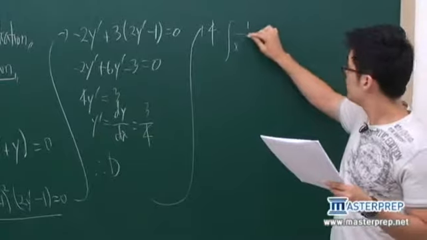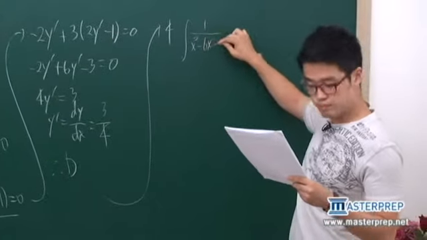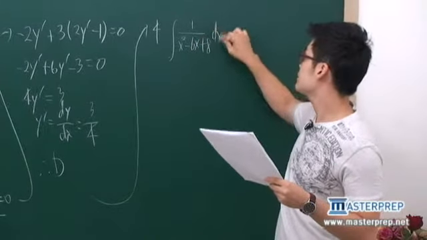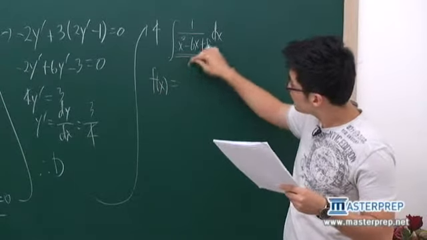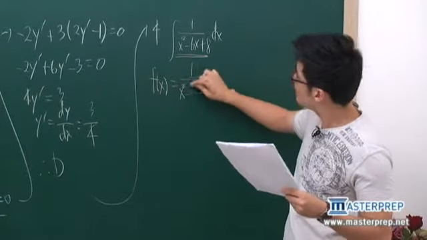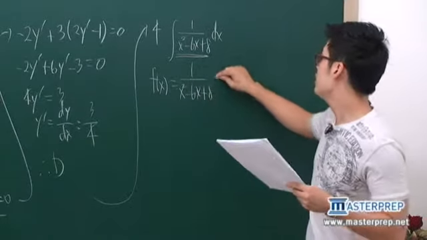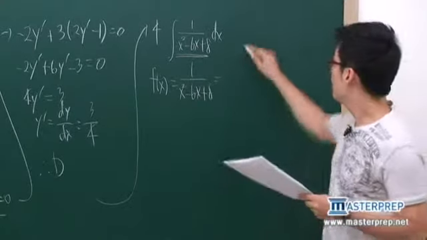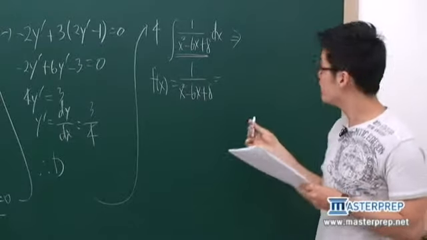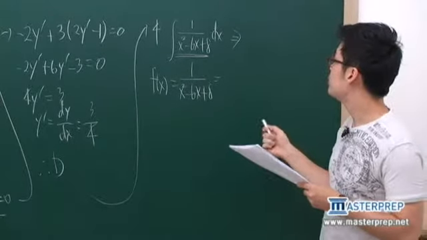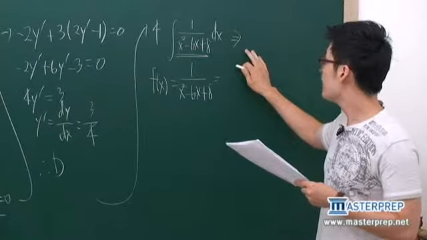The integral of 1 over x squared minus 6x plus 8 dx. And as soon as you see this, f of x is equal to 1 over x squared minus 6x plus 8, right? Remember, this is at least a minute and 30 seconds question, right? So for this one, what do you have to remember?